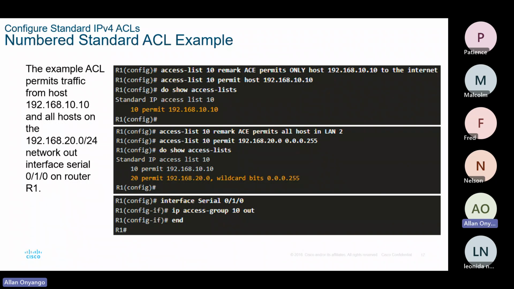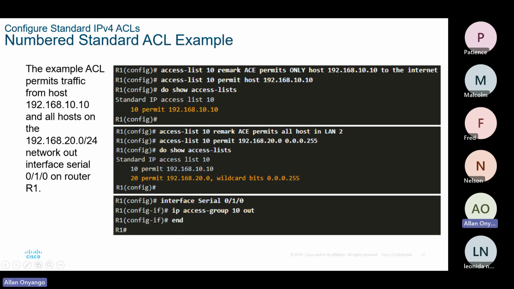So let's start with the numbered standard ACLs. That means ACLs with the numbers. I need you to pay great attention here. We want to create an ACL number, and if you can remember, standard is basically from number 1 to 99. From number 1 to 99 is standard ACL.